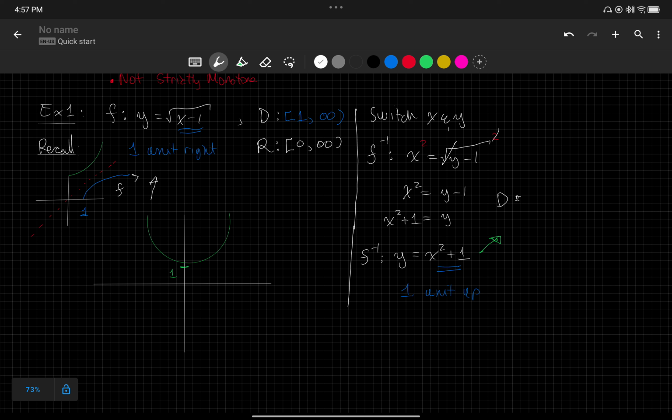And then the range will actually be very easy. You just switch. So this is gonna be from 0 to infinity after you switch it, and then you get the range by switching it over here. In the original one, it was 1 to infinity.